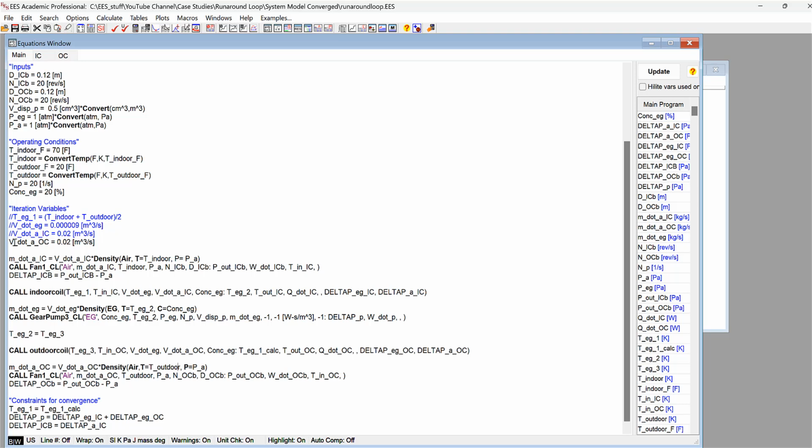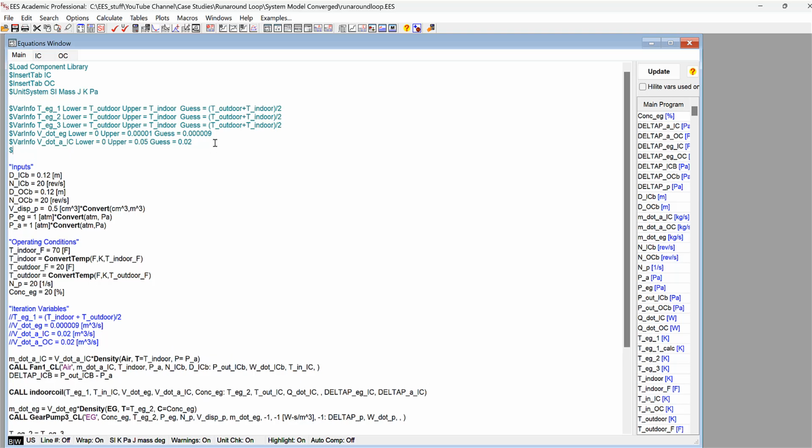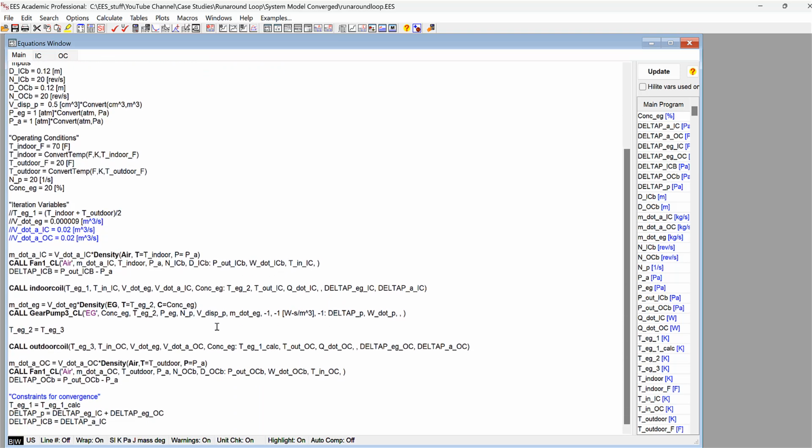Again, we'll update our guess values. This is the last one I have to converge on, is the outdoor air coil volumetric flow rate. I'll add one more of these. V dot AOC, it's got to be between 0 and 0.05 and 0.02. And these guesses, by the way, and the upper limits, I could actually put in variables for these that are consistent with the upper limit of the flow rate that I can get from my pumps and my fans.